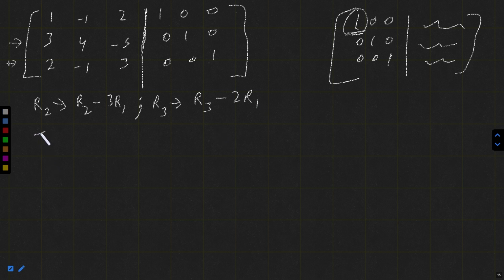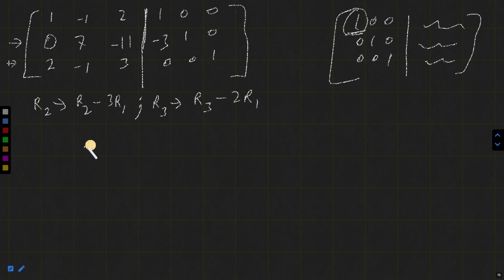Using this, let me write what you will get. This will be 3 minus 3, 0; 4 minus 3, this will be 1; minus 5 minus 6, you will have minus 11. The same thing happens here: 0 minus 3, you will have minus 3.